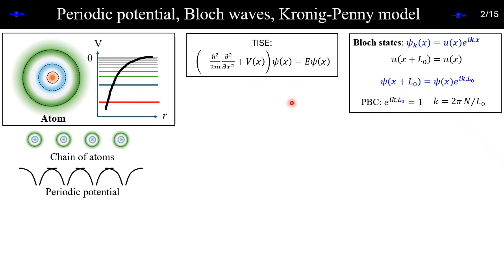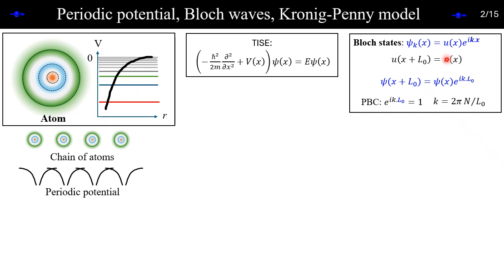You have solved it for a free particle and for an infinite potential barrier. But here we have periodically arranged infinite number of atoms, right? Then how do you solve? Essentially what we need is a trial wave function, which is given by Bloch.